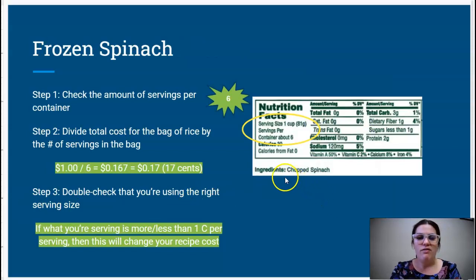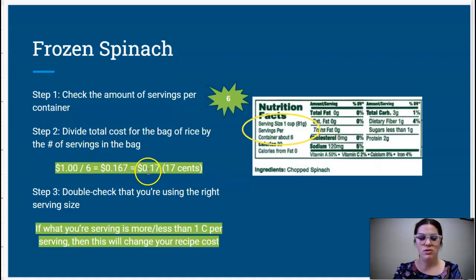Next we have our frozen spinach, or actually frozen kale. This is our food label. So again, we're going to look for the number of servings per container, which here we see is about 6. So the total cost for that bag of frozen greens was $1. So we're going to divide that $1 by 6 servings, and we get 0.167.